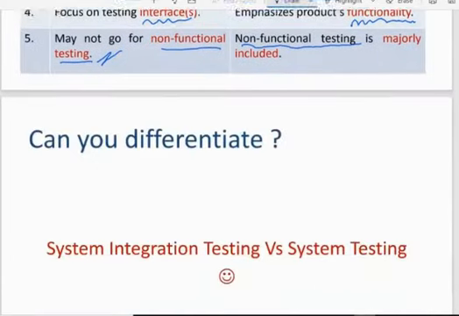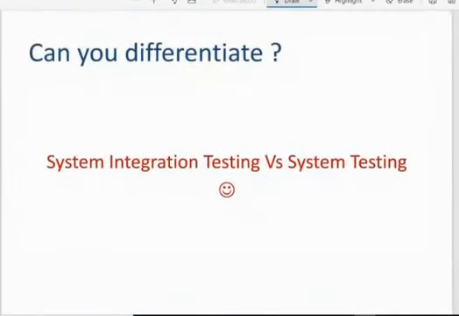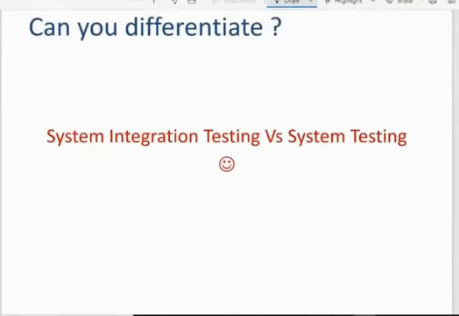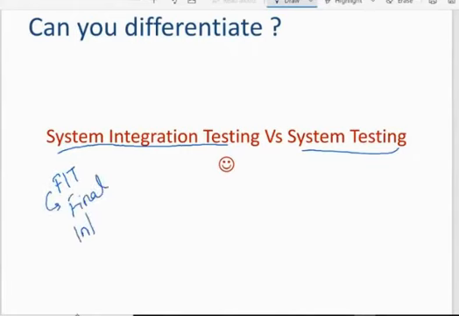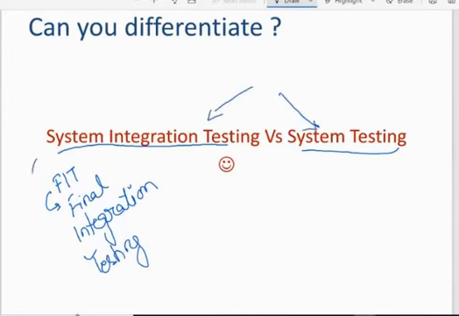Now I have a question for you. Right. Whether your system integration testing and your system testing, system integration, recall this is FIT, final integration testing. So can you find the differences between this system integration testing and your system testing, or which is this FIT?